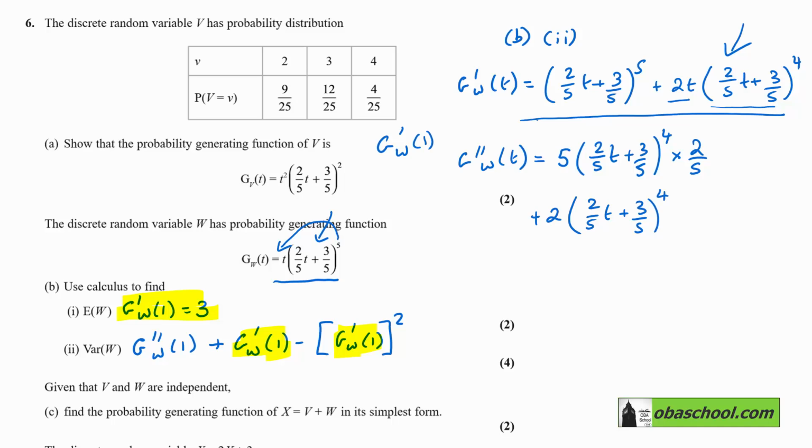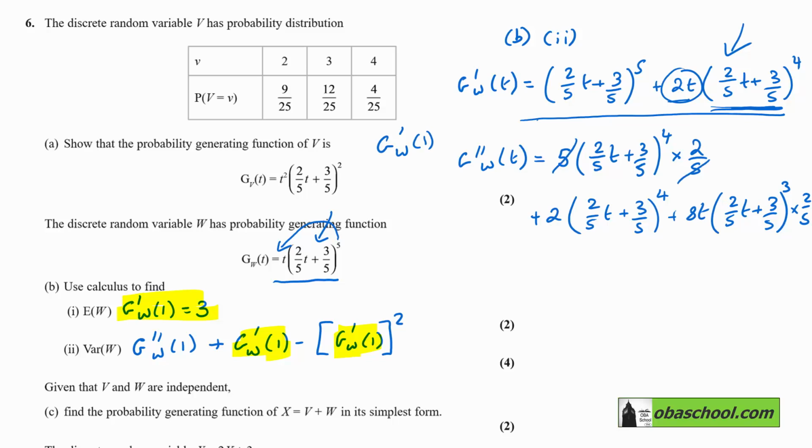And then we're going to have the 2t multiplying the differential of this bracket. If we bring the 4 down in front and multiply, that will then become 8t. And then we've got (2/5 t plus 3/5) to the 3, multiplied by the differential of the inside using the chain rule.